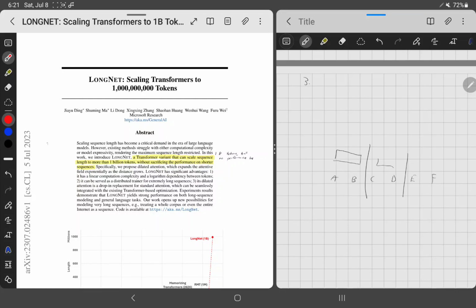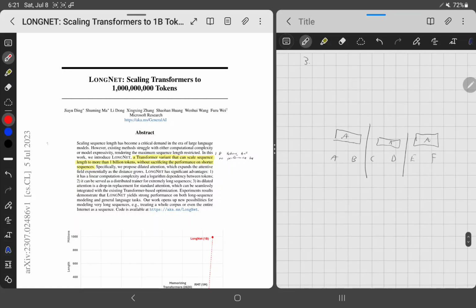Then this would only attend to here, and this would only attend to here. So our attention would only be on a subset of the tokens. But then you end up with convolutions again.